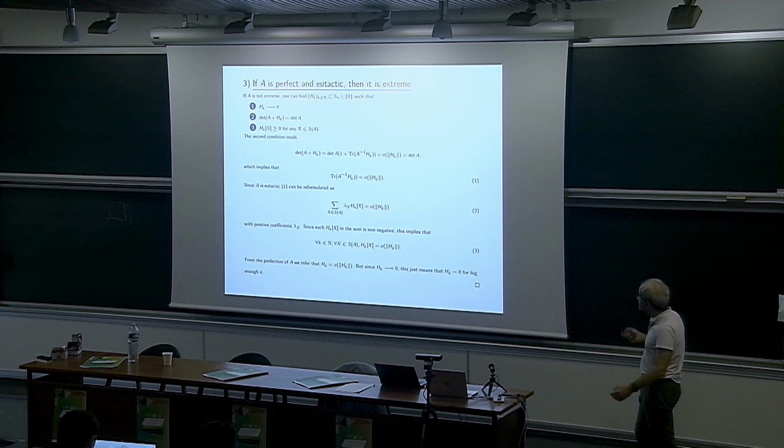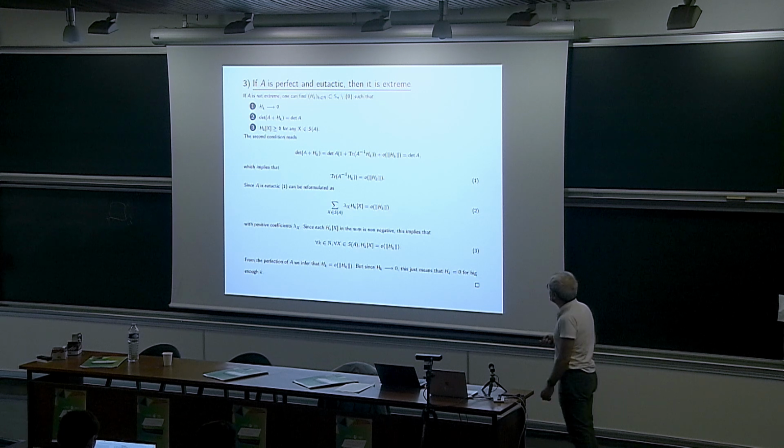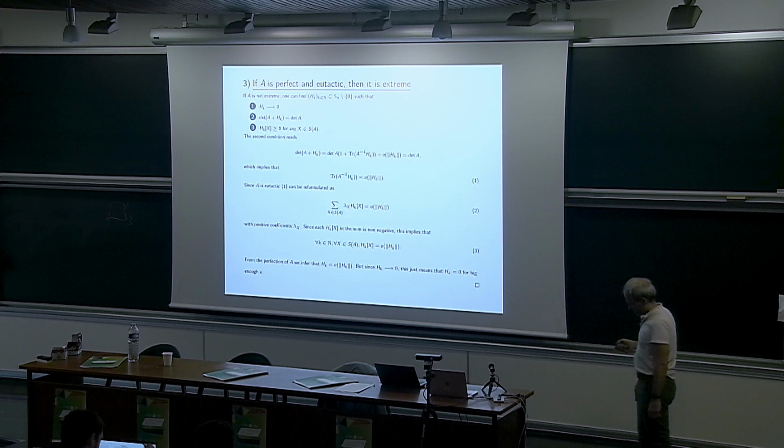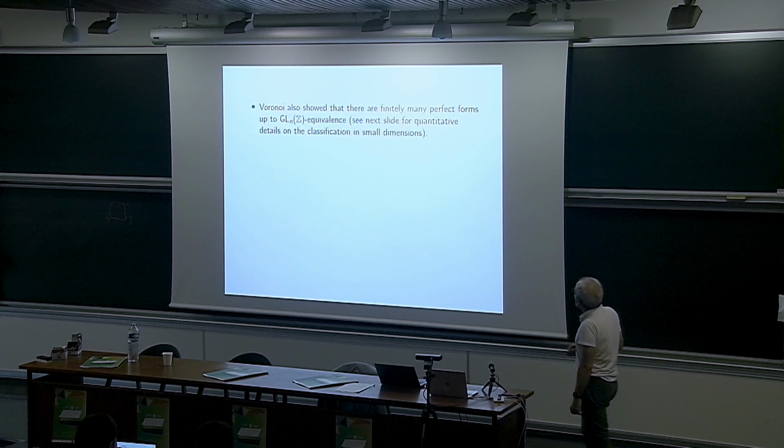Martin Kneser, who wrote many papers in the algebraic theory of quadratic forms, also wrote a paper in the 50s on a new demonstration of Voronoi's theorem, and this is, to my knowledge, the best place to read at least this implication of Voronoi's theorem. So I won't insist on that part, but just to say that the equivalence is perfectly correct.